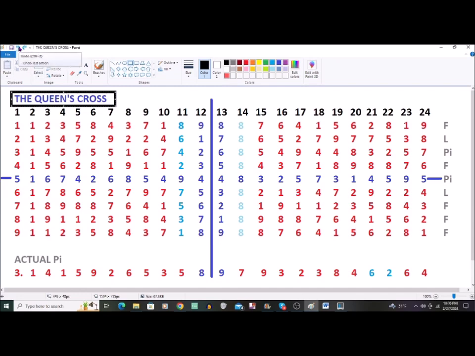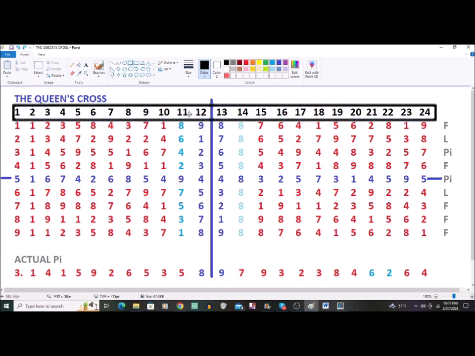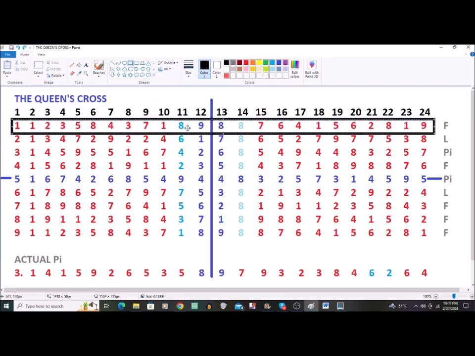What we have here is the regular number line at the top, and this goes up to number 24, because we have Fibonacci numbers reduced down to the individual root component of each number.